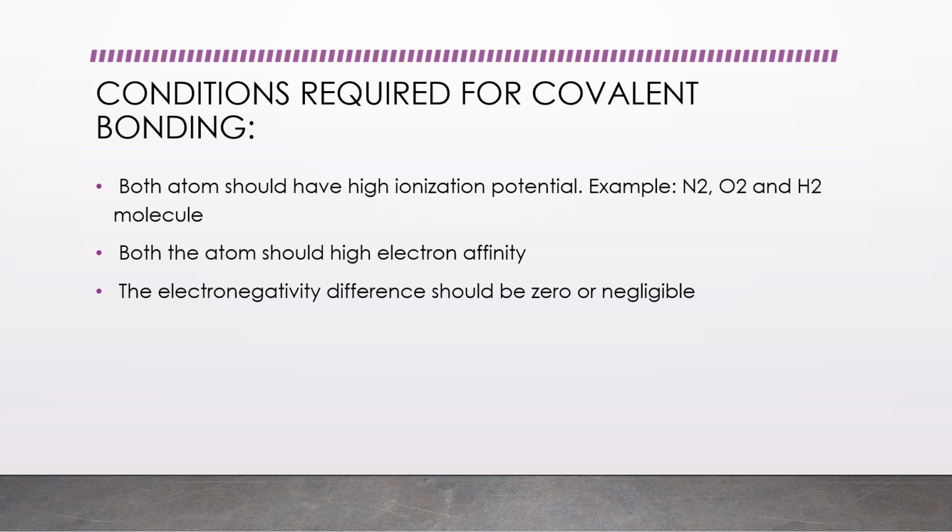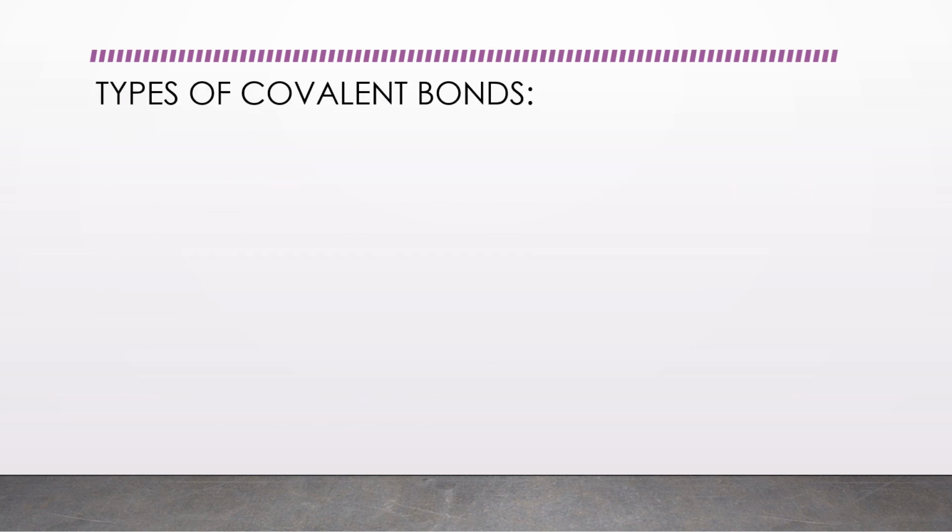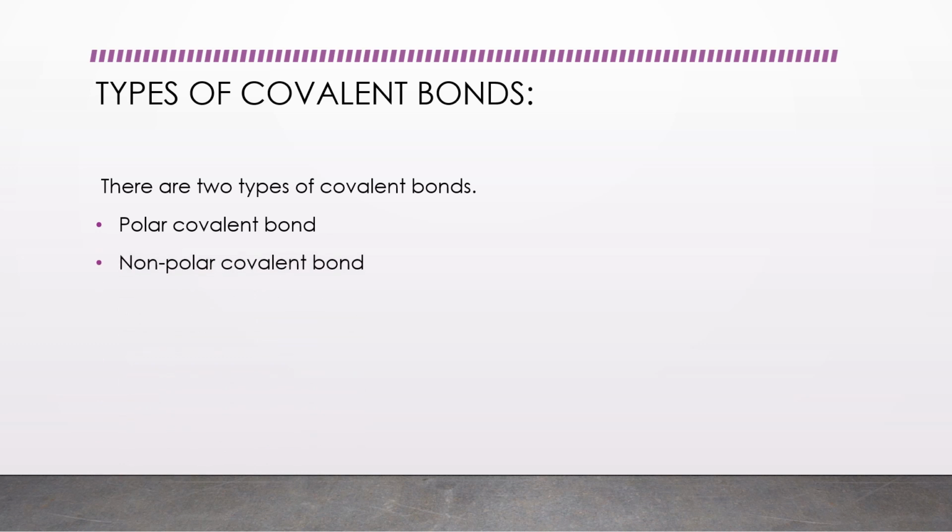And then the electronegativity difference between the two atoms is 0 because the two have the same electronegativity value. Okay, nearly equal, so it is 0. And then in covalent bond there are two types, that is polar covalent bond and non-polar covalent bond.